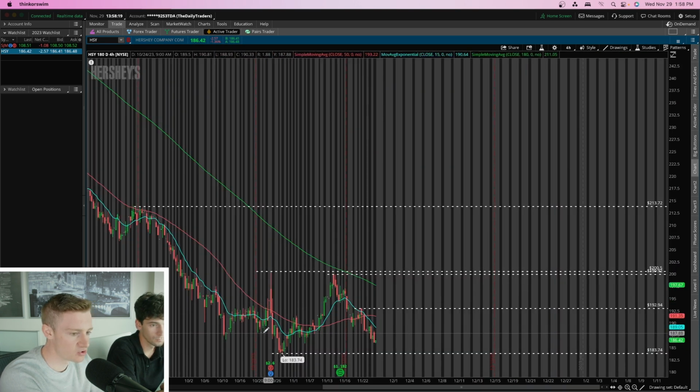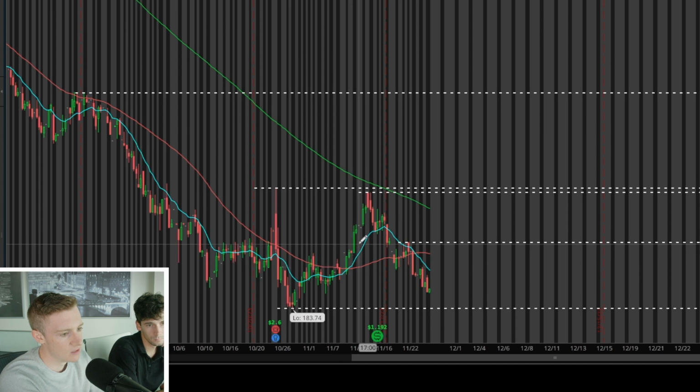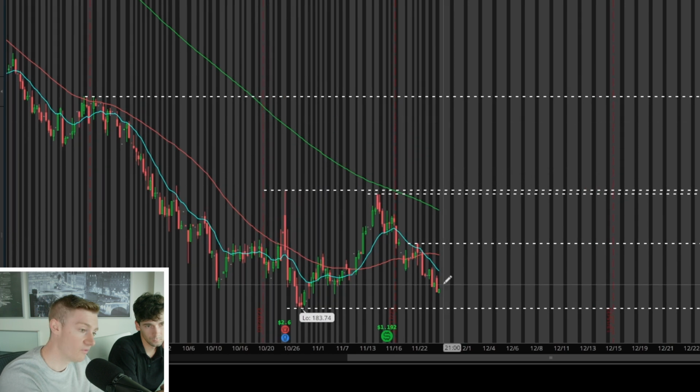Then it looks like just recently we did end up breaking this pattern. Obviously it formed that low, but now it looks like the 50-day has not been respected over the last couple weeks. Traded up into the 180-day. It seems like price has been very choppy compared to what it looked like before.